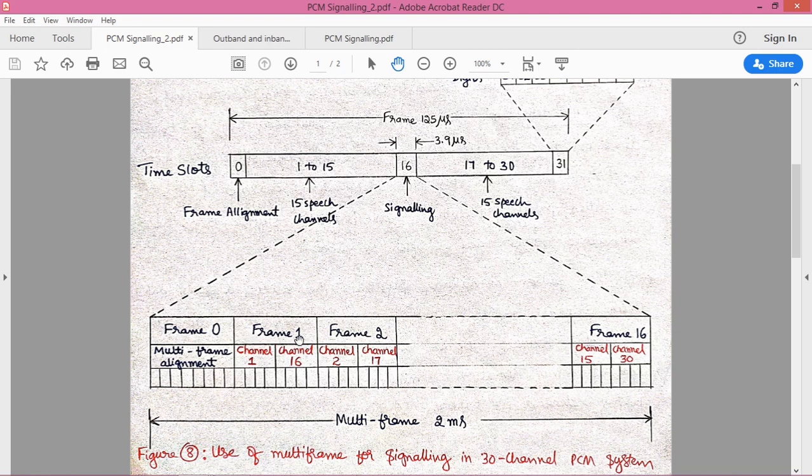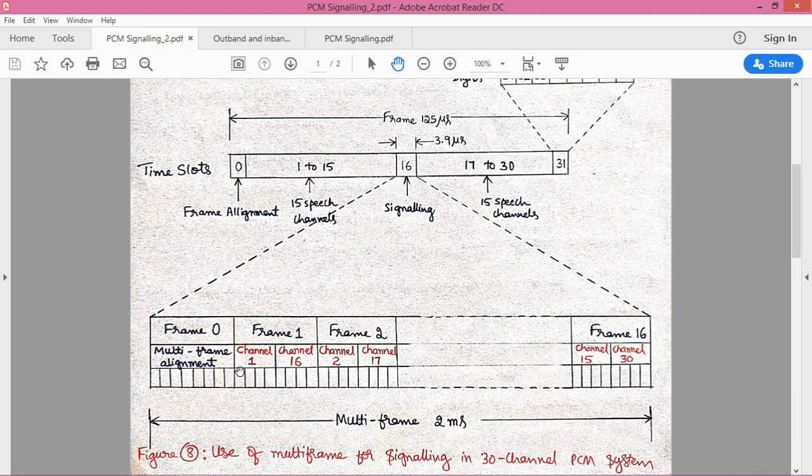this frame 1 supports whatever data is stored in channel 1 as well as whatever data is stored in channel 17. So with respect to this, let us say 1 to 15 plus 15, total 30 different speech channels are there.